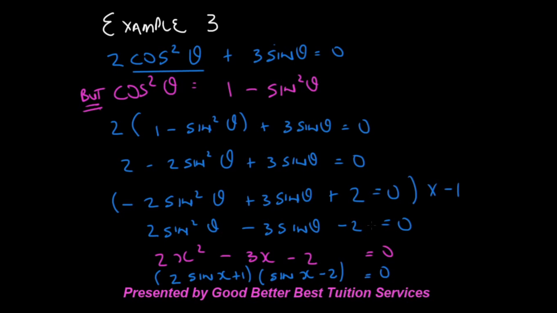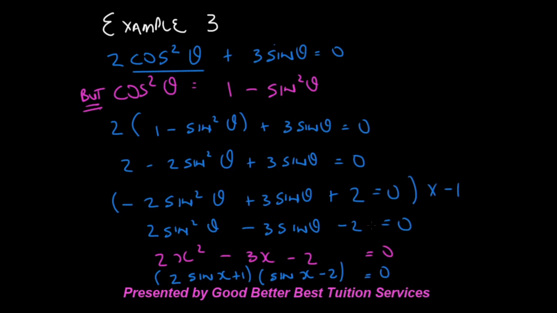And I always say to my students that in trigonometry, if it's too difficult to factorize as it is, change it to algebra. Change it to 2x squared minus 3x minus 2, and that you can factorize using the quadratic formula.